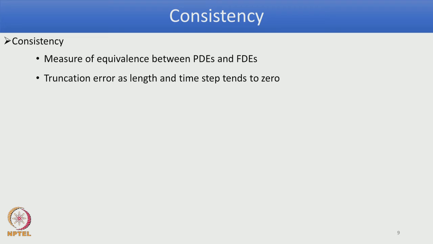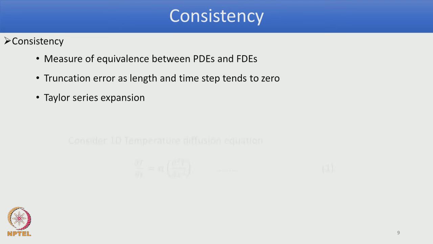So, that puts a truncation error, and if the truncation error goes to 0 as delta t or delta x goes to 0, then you recover the original PDE from the finite difference equation. If such a thing happens, then the particular scheme is referred to as a consistent scheme.